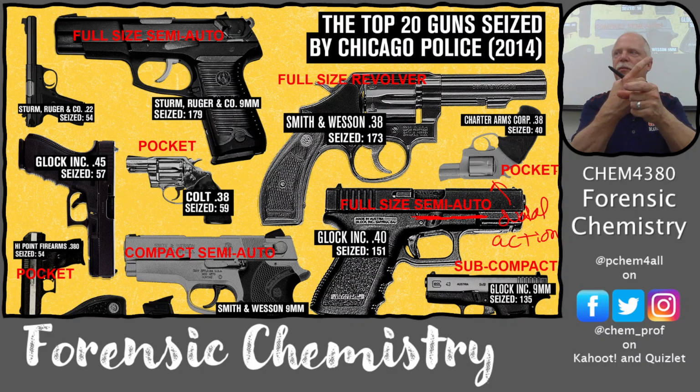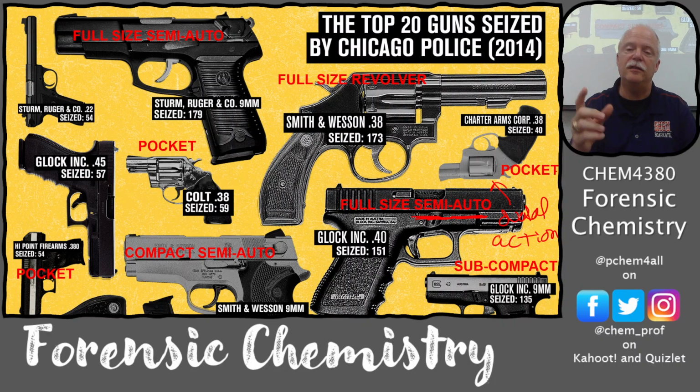You're pulling, but they're sort of inherently safe because if the hammer's not back, it's not going to fire the round. And so a double action weapon typically doesn't have a safety, okay, because you have to cock the hammer back. Now, some of them you could cock and then have a safety. They make all kinds. But if you pull the hammer back manually, then it's cocked and ready to go. And then the trigger pull is really small and really light. And so that's a double action or dual action pistol.